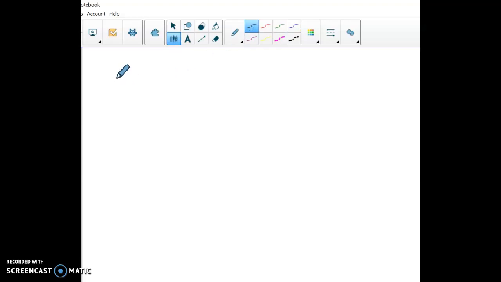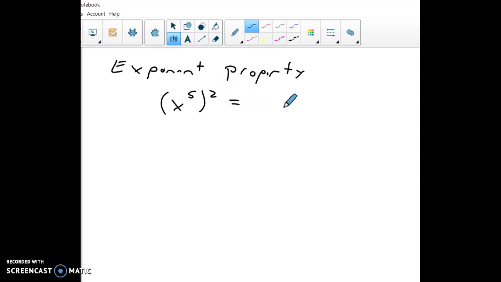And then the last one, I'm not even really sure what I would call this. Maybe it's like an exponent property. Where it comes from is the power of a power. Remember, logs are dealing with exponents. So in a power of a power, you multiply these together to get like x to the 10th.